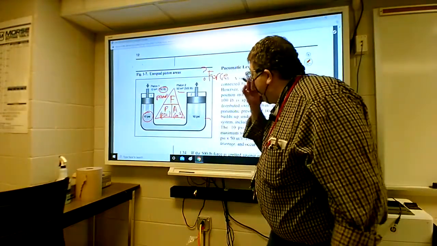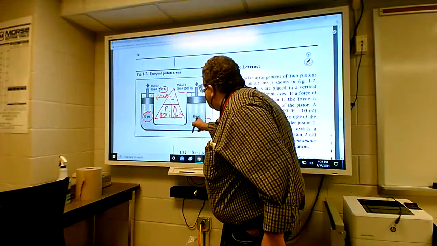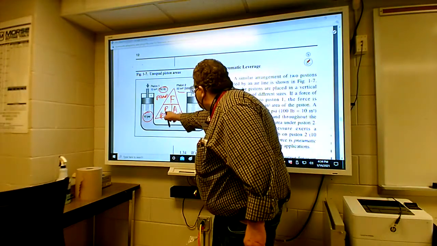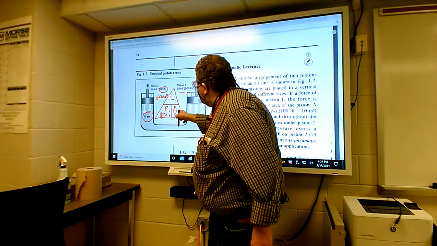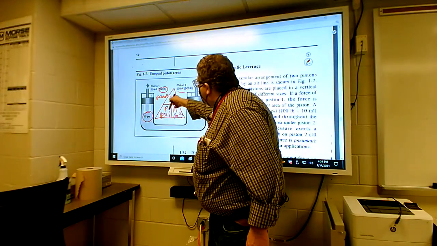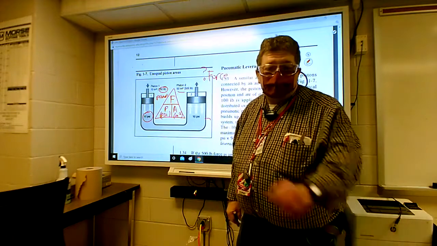So we're taking the 10 psi, put it in where P is, and then the 50 square inches goes into here, right? So it's going to be the 10 times the 50. And so what's our output force?